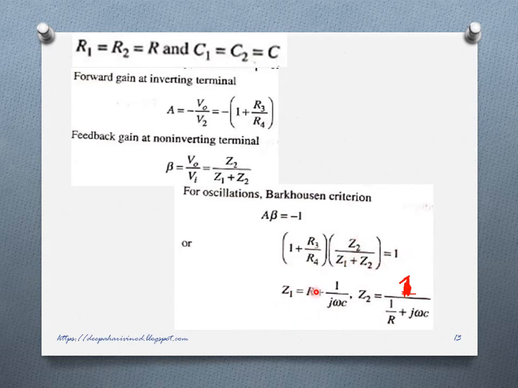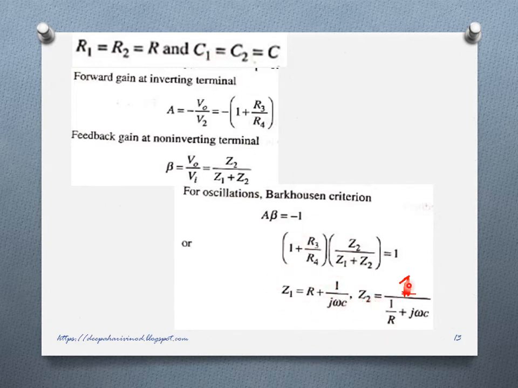That is, Z1 equal to R plus 1 by j omega C. Z is impedance, so it is notated in the complex format, that is R plus 1 by j omega C, because it is the impedance of the capacitor.